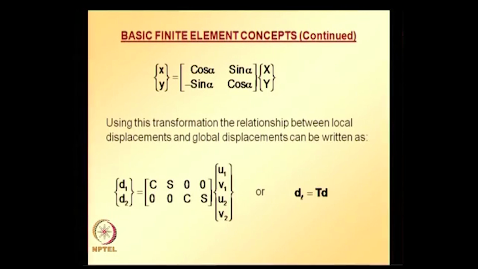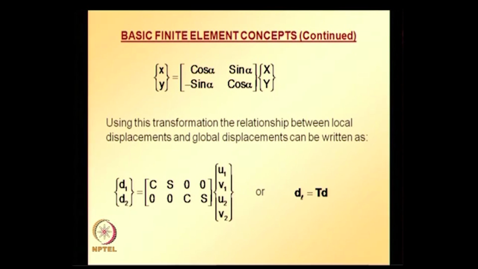Please note that this transformation matrix is an orthogonal matrix, that is, it can be easily verified that T transpose is the same as T inverse, or T transpose T is equal to the identity matrix.